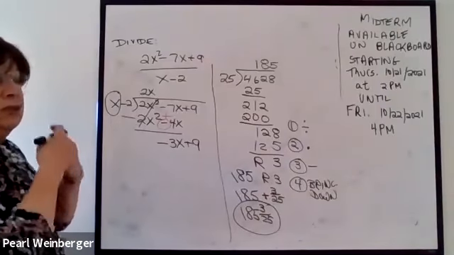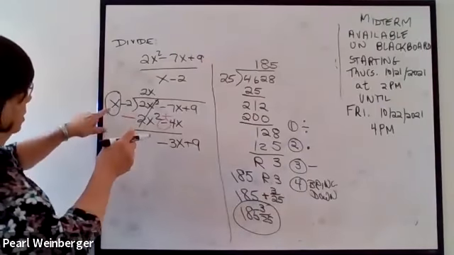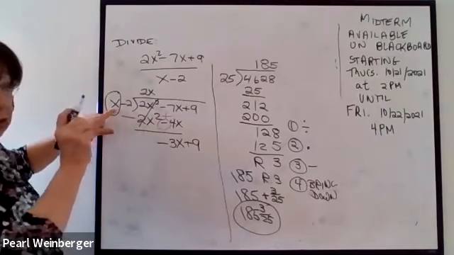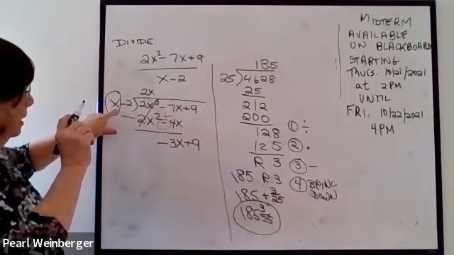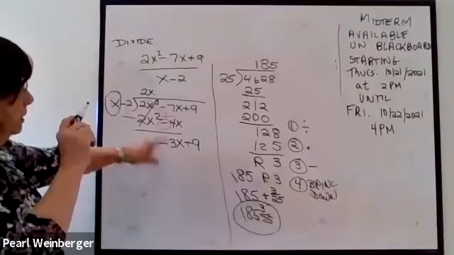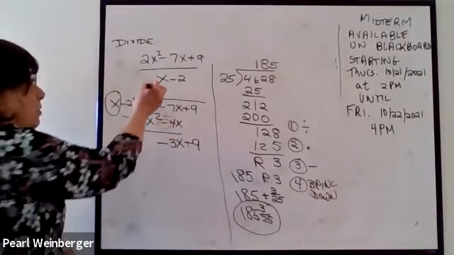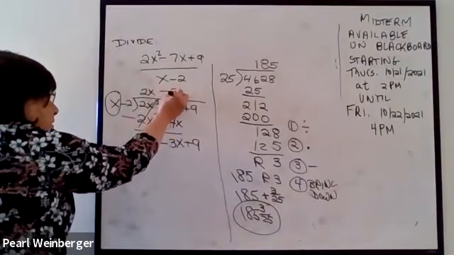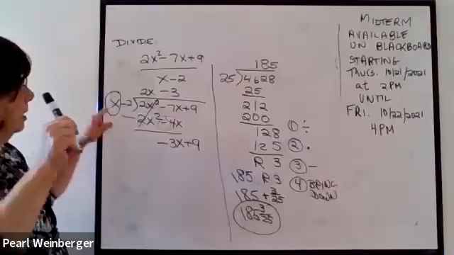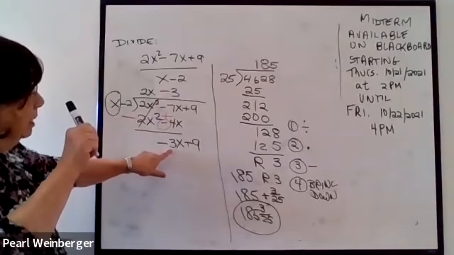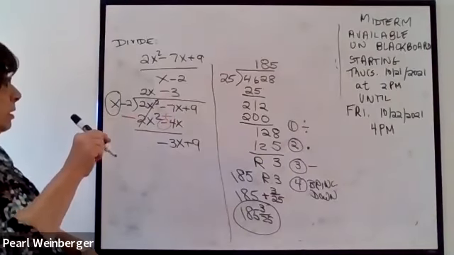And now we start the process again. We take only our first term. When we're doing the dividing, we only divide by the first term. The 1x into the -3x. Well, the x's are going to cancel out, and what I'm going to be left with is -3. I'm not subtracting, I'm dividing. The x's cancel out, I'm left with -3.